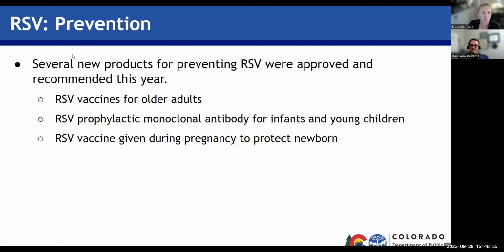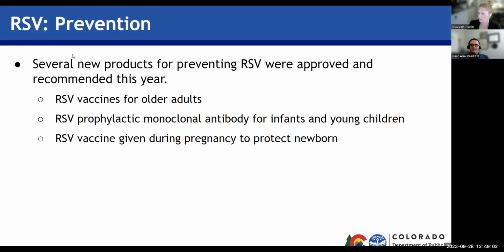This is a new one, and this one works more effectively than Synagis did. And it's actually been approved and recommended for all little ones, infants who are going into their first RSV season, who are younger than 8 months old at the start of the season, or they're born during the season.